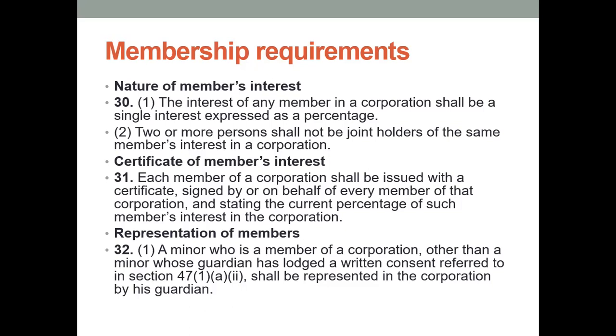And then we have representation of members. A minor who is a member, a minor meaning a person who is under the age of 21, other than a minor whose guardian has lodged a written consent referred to in section 47 in the Closed Corporation Act, shall be represented in the corporation by his guardian.